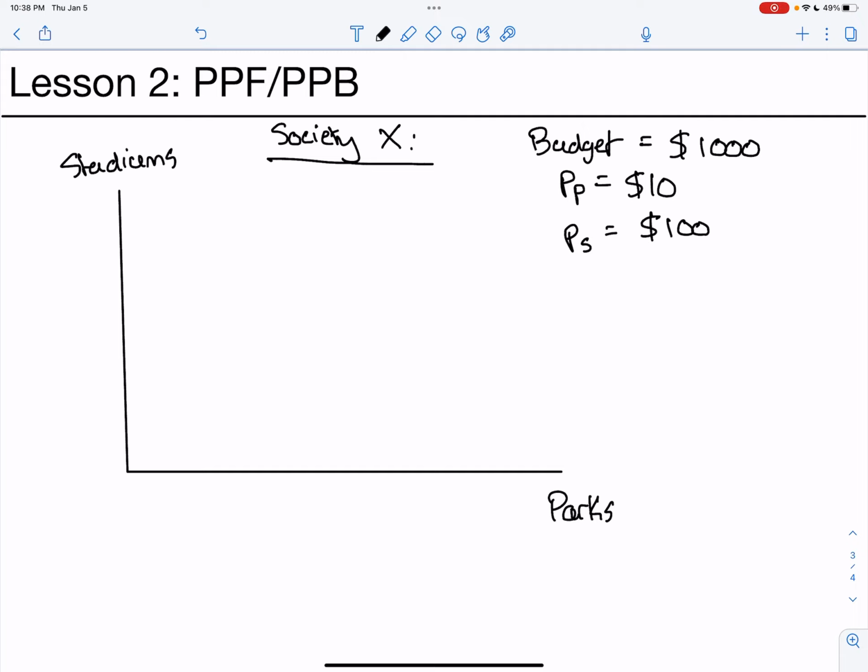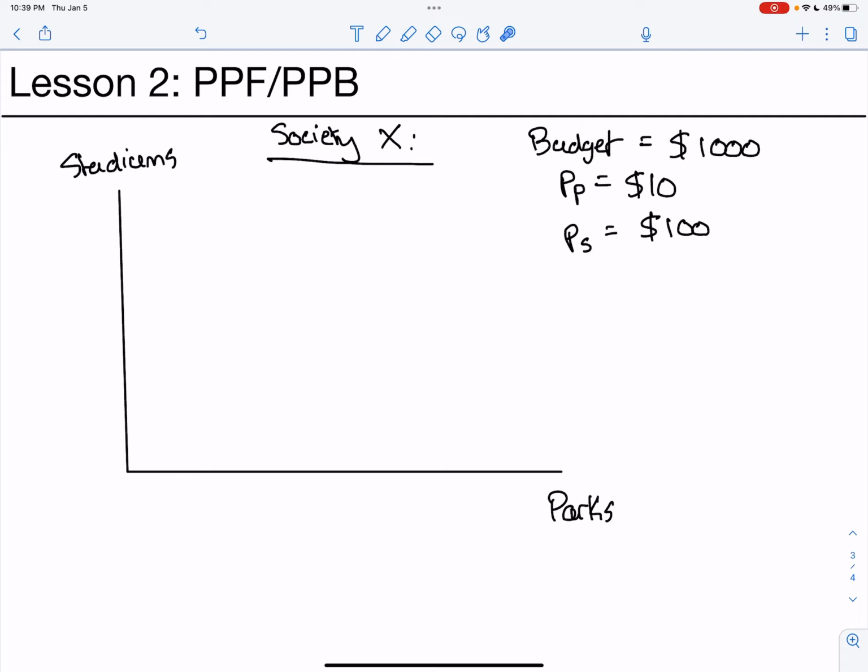So let's start with finding the y-intercept. Now, the y-intercept in our example simply stands for the number of stadiums, because stadiums is on the y-axis, the number of stadiums that this society could afford to produce if it spends its entire budget on stadiums, namely, if it spends 0 on parks.